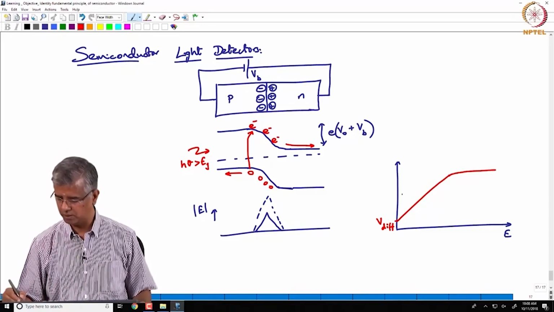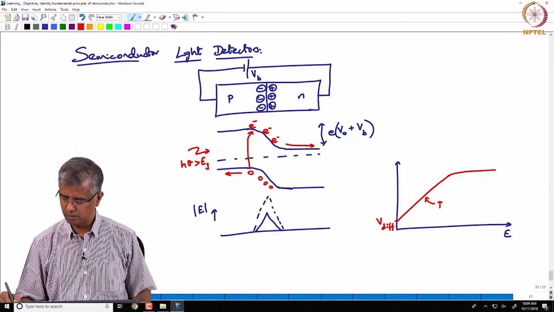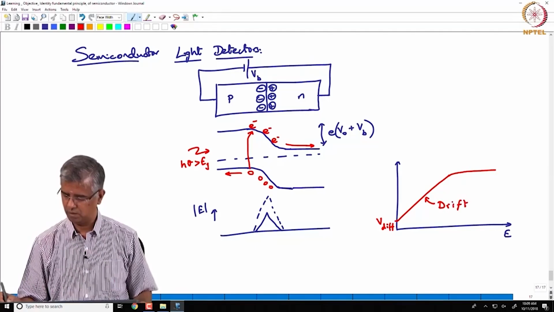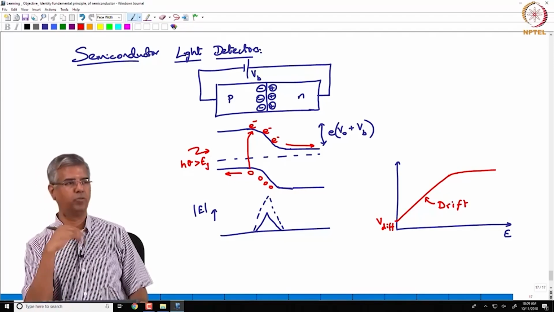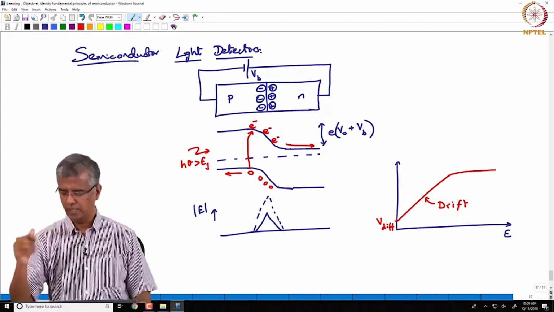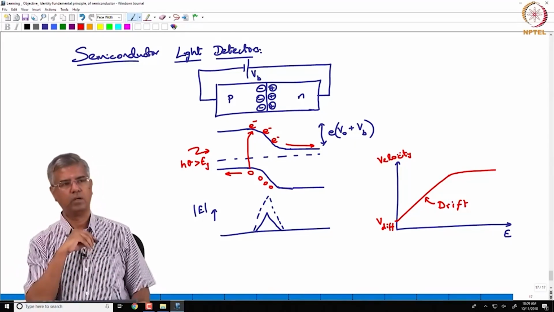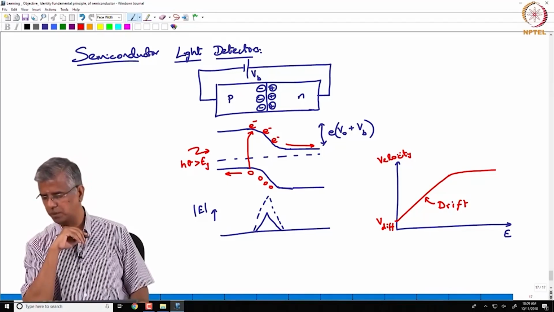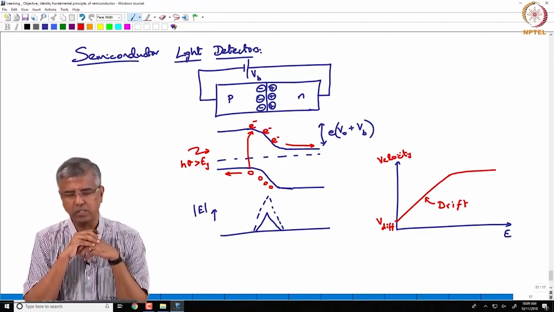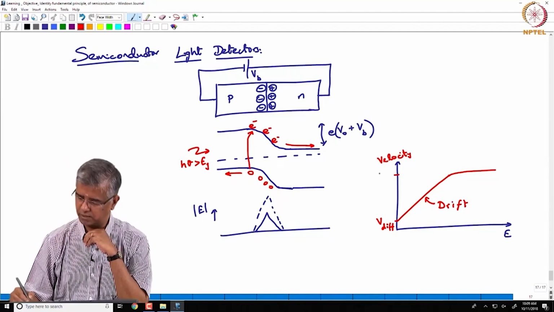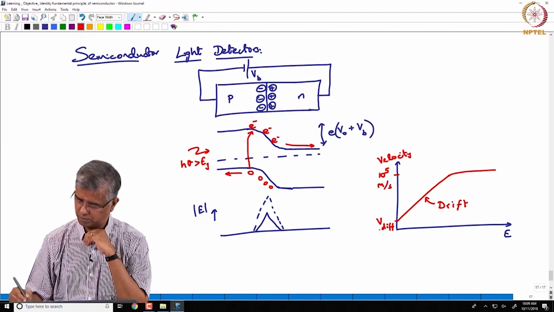Okay. So, this is actually what is called drift. The drift mechanism happens under the influence of the electric field. So, the larger the electric field, the larger the velocity of these charged particles, and under the influence of the electric field, the velocity increases and achieves a saturation velocity which is in the order of 10 power 5 meters per second.